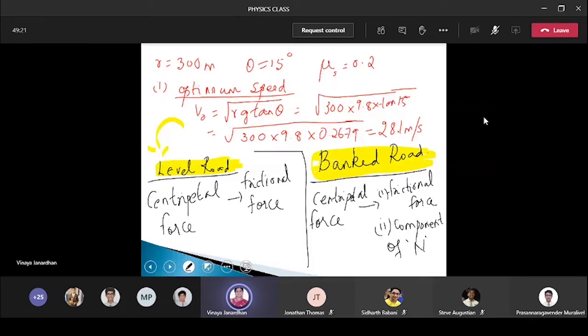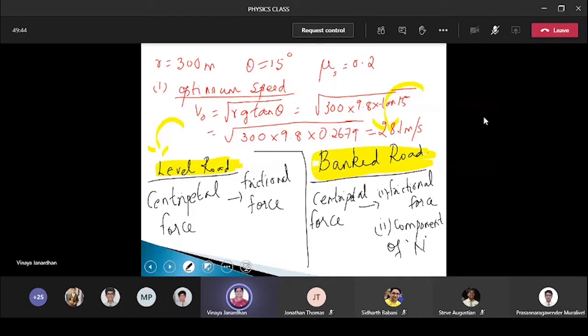Second, we have studied a car moving on a banked road, not a level road. It's the road which is sloping towards the center, where the car is taking a circular turn. So in both the cases, the car is going to take a U-turn. One is on a level road, the other was a banked road.